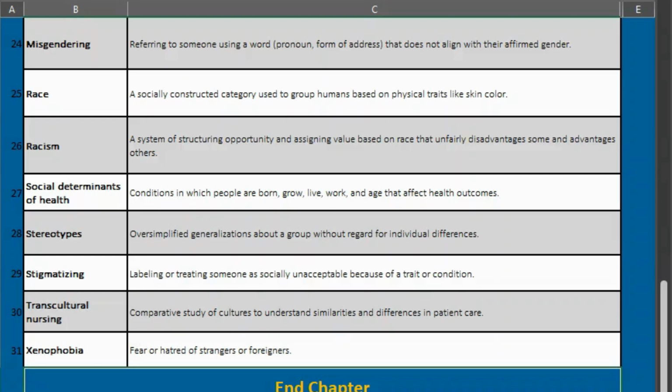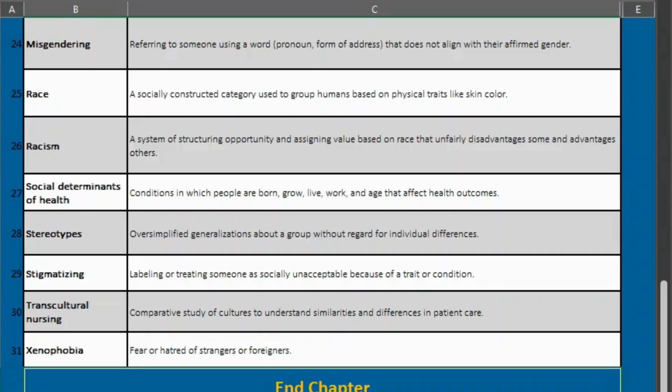But usually the most important in the quizzes are about bias, how many types of bias, a little bit of racism, and also a little bit about LGBTQIA. Also it's very important when they ask about health literacy during discharge or admission, because you use pictograms for low literacy patients when teaching, for instance, wound care.